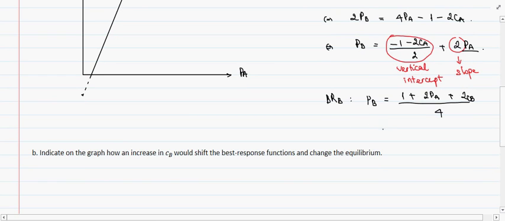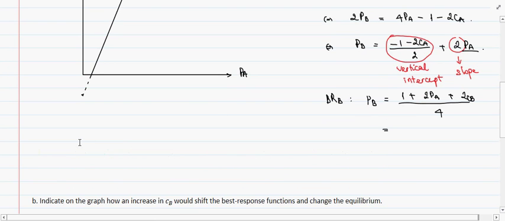I would just have to separate them to get the slope and the vertical intercept. In this case, I got (1 plus 2 CB), everything divided by 4, plus half of PA. So therefore I know that this is going to be my vertical intercept.